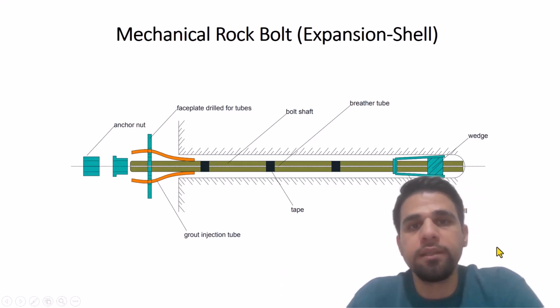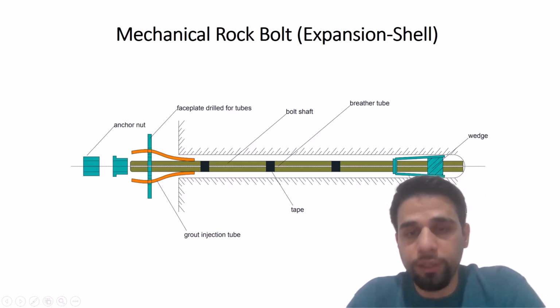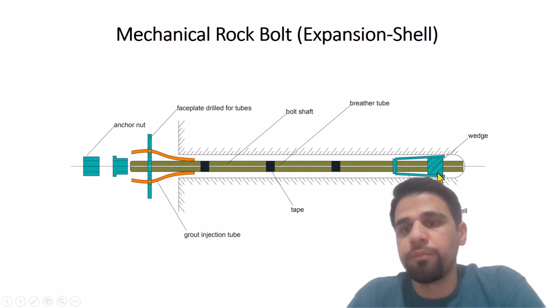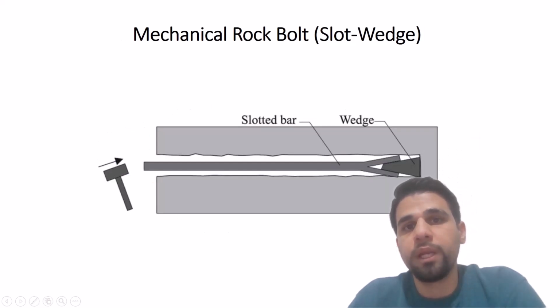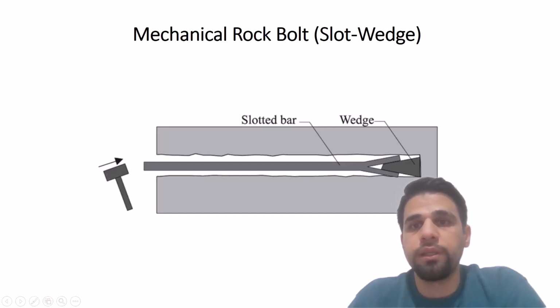Here you can see a mechanical rock bolt with expansion shell approach. Here you can see the expansion shell. Another mechanical rock bolt is a slot wedge rock bolt, wedge and slot.